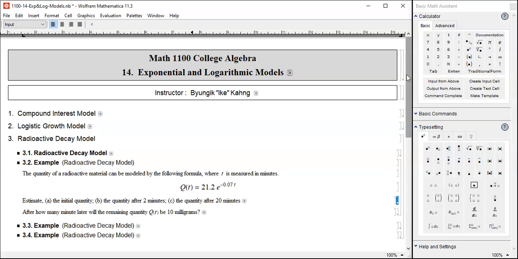After how many minutes will the remaining quantity be 10 milligrams? T is measured in minutes and quantity must be measured in milligrams, I guess. So here, this part is going to be replaced by 10 and we solve that equation. So it's an exponential equation like this.